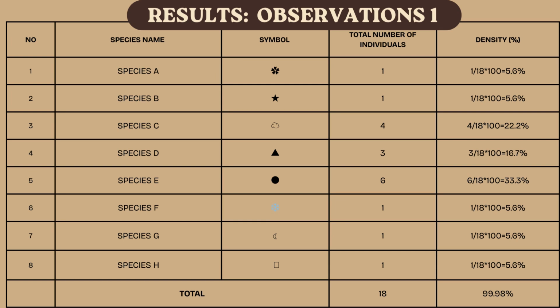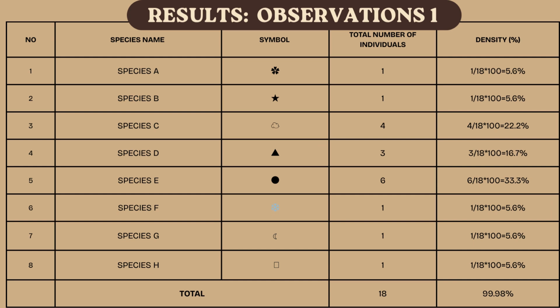Then species E, the symbol is floral emblem. The count is 6. The percentage is 33.3%. This species is much higher than the other species. Species F, the symbol is gyre. Count is 1.